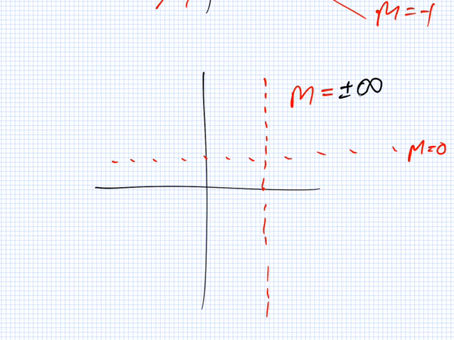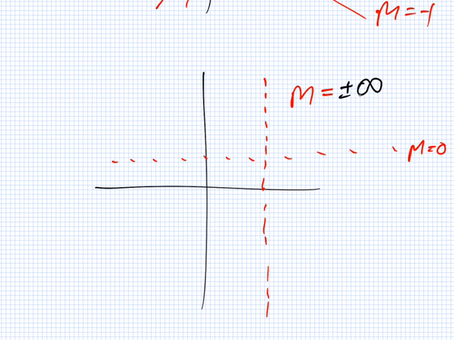Okay. So to finish for this lesson, what is the slope of this line? M equals, what do you think? Not 0, because 0 would be this line. Undefined.